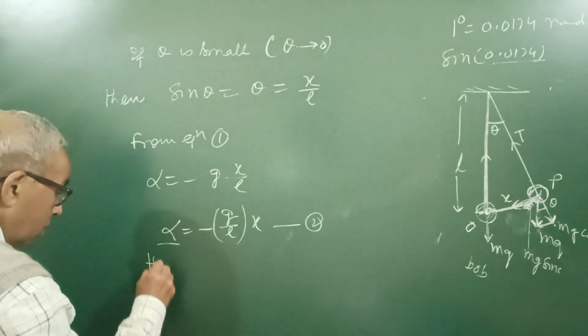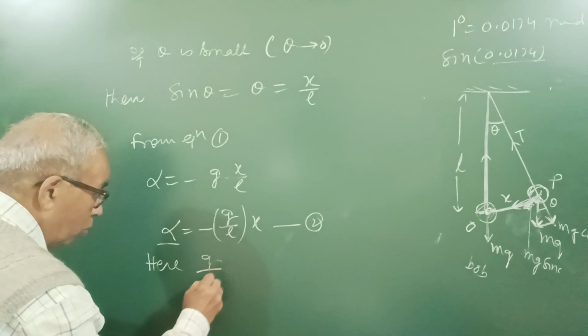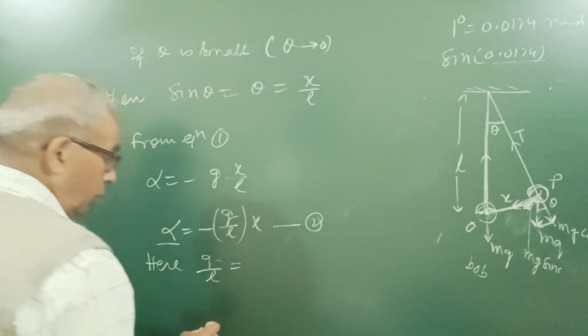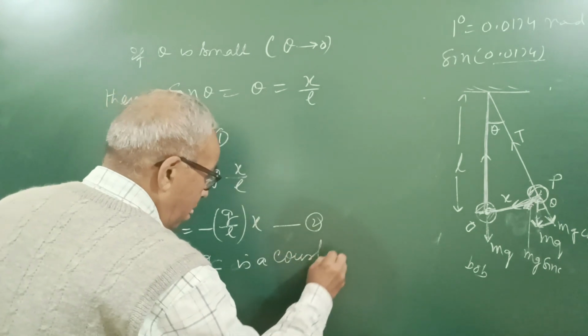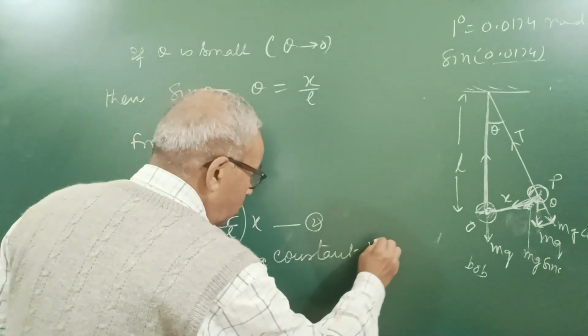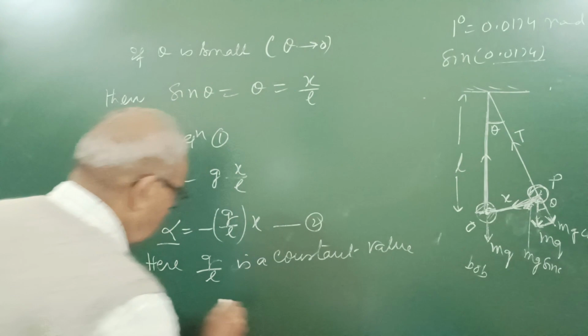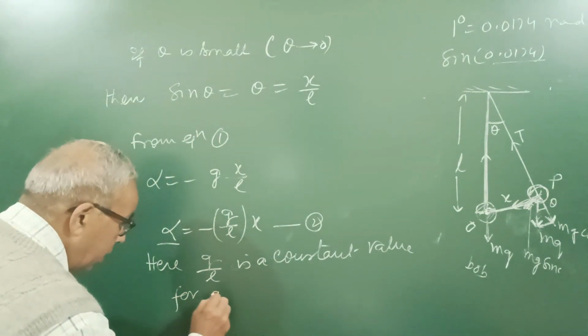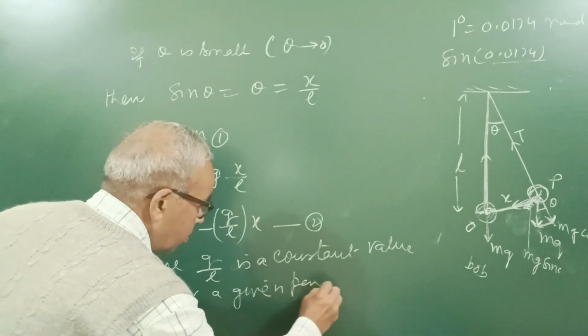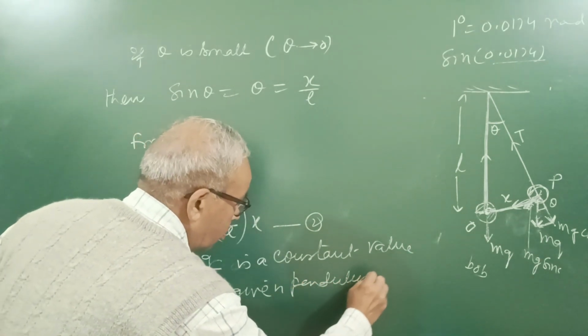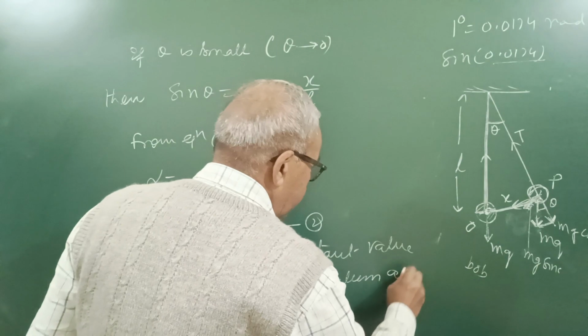Here g upon L is a constant value for a given pendulum at a given place.